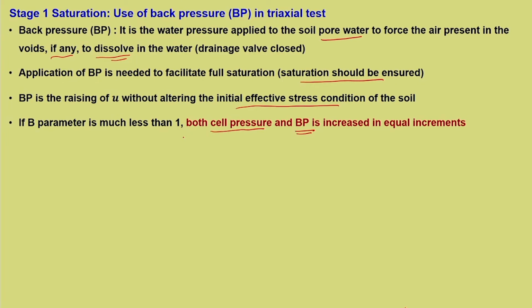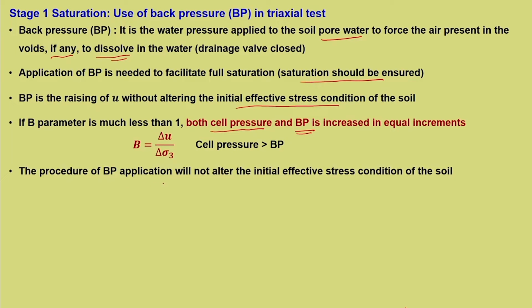Always keep in mind that back pressure application should not be substantial. It also has to be done in small incremental stages. So, if B parameter is less than 1, both cell pressure and back pressure are increased in equal increments. B is equal to delta U by delta sigma 3, and we need to keep in mind that always the cell pressure is kept more than back pressure, else there will be a case of negative condition. So, always the cell pressure is greater than back pressure.